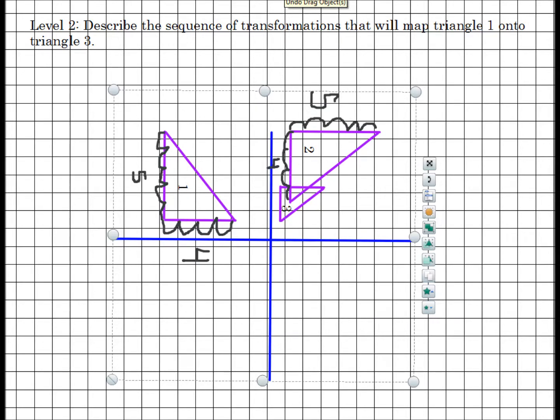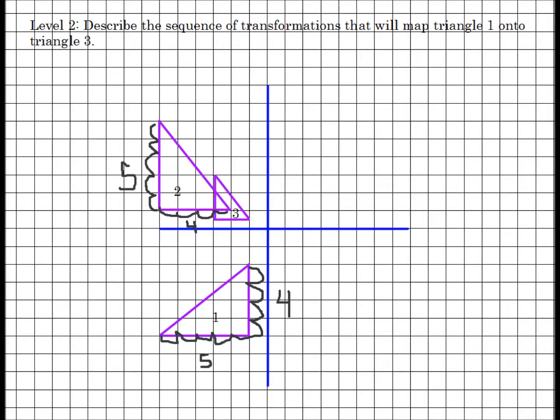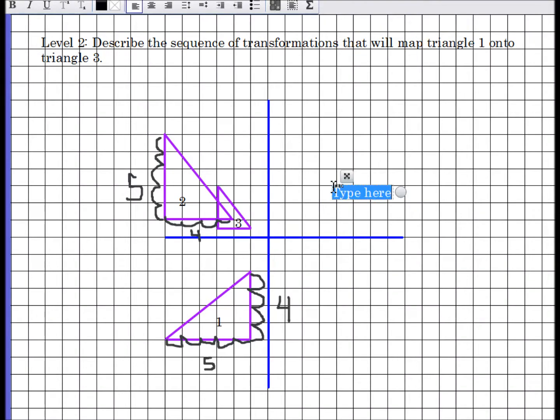Let's go back to the original. 5 is standing up, 4 is at the bottom. Which way did I go? I went 90 degrees clockwise. So the first transformation in the sequence is a rotation of 90 degrees clockwise.